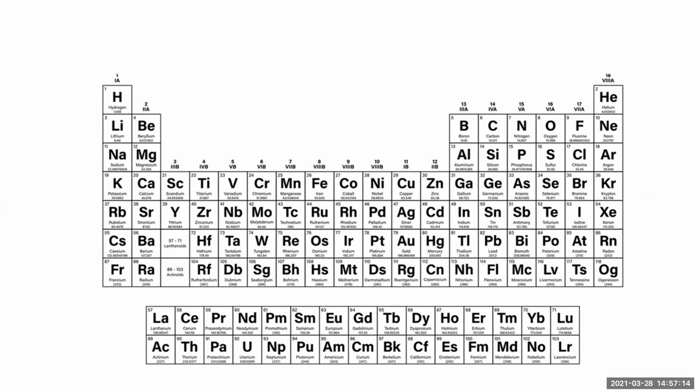With that in mind, coming across here, carbon, if you remember its electron configuration, in shorthand, helium would be our 1s2, then you have 2s2, 2p2, which gives us a total of 4 valence electrons.